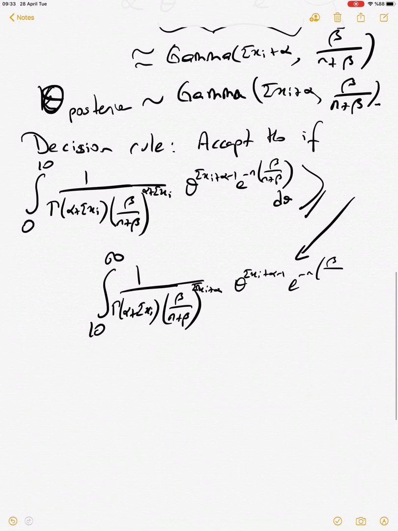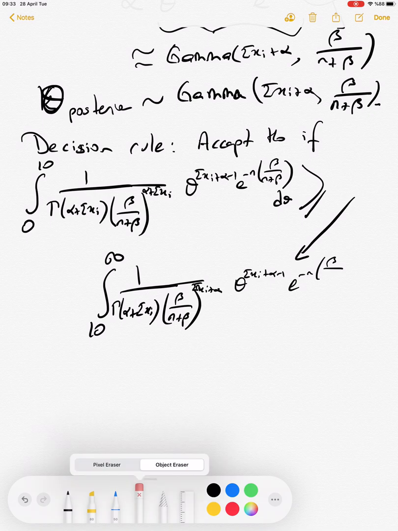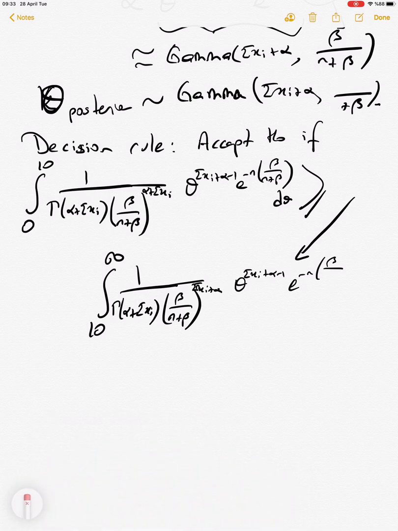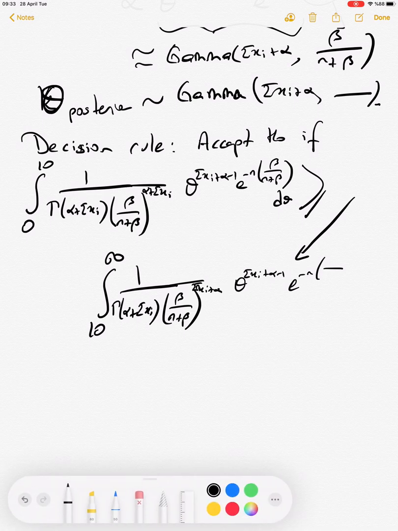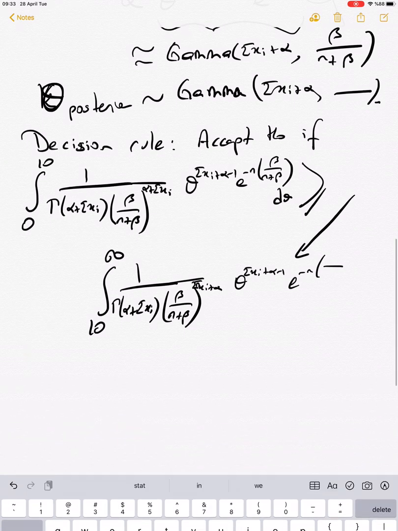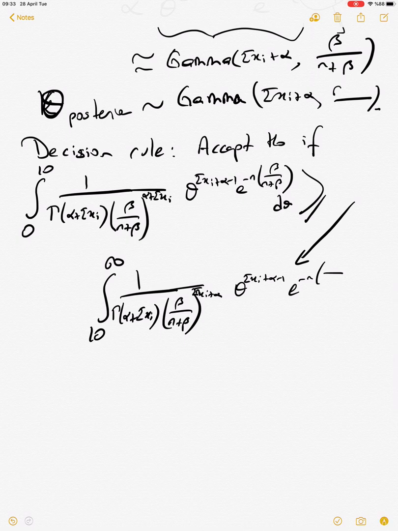So this part will be reversed. Oh, that part is correct, sorry.